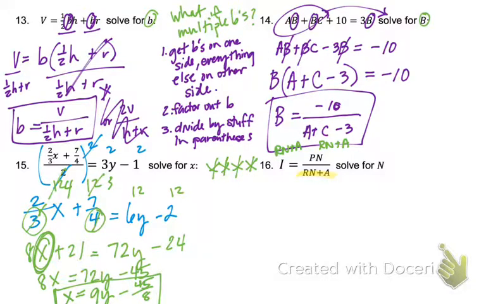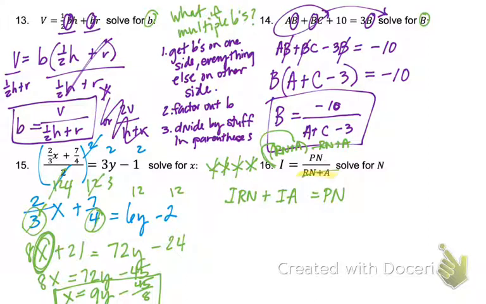So when I multiply it on the right side, okay, well, it just goes away. And I'm left with Pn on the right side. On the left side, if I multiply I times Rn plus a, it gets distributed to both. So I have IRn plus IA, because it's like two different terms.